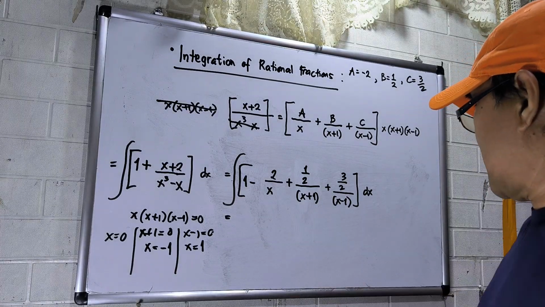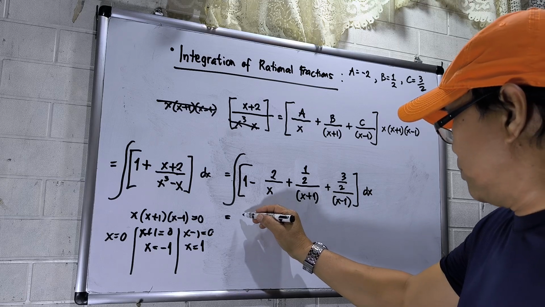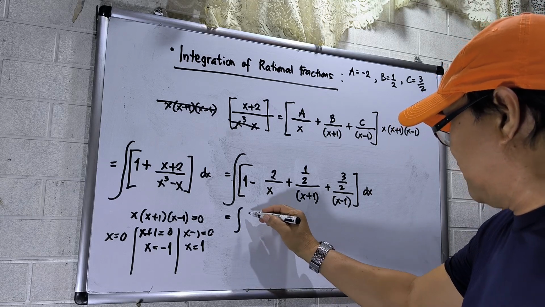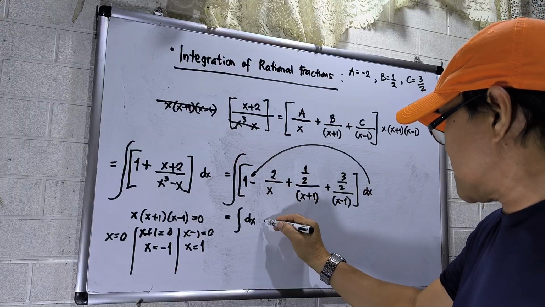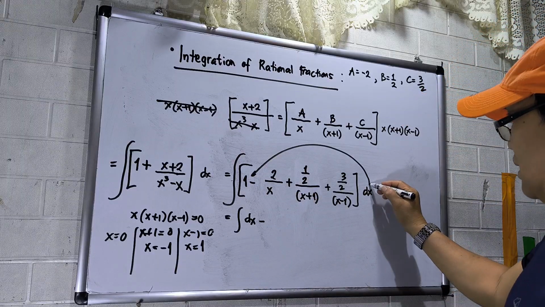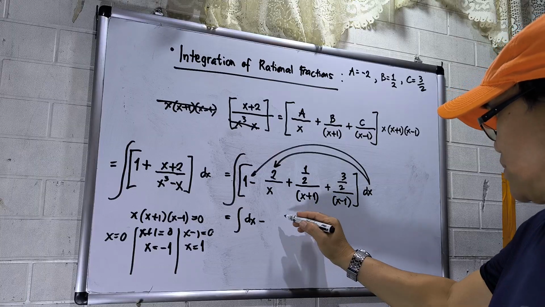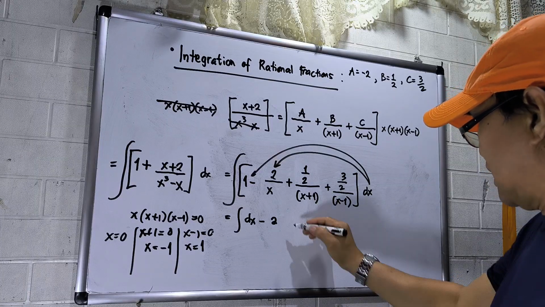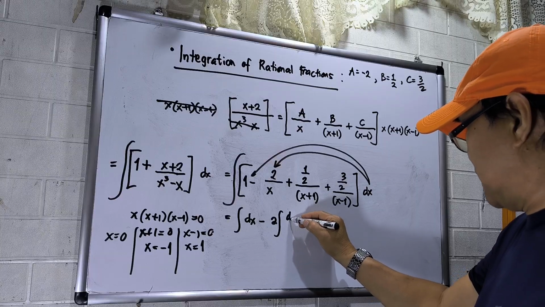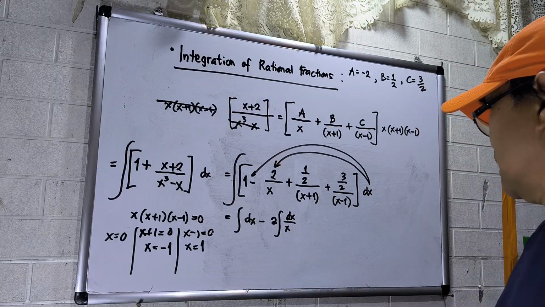Okay, so this will be integral of, I will integrate individually. So this will be dx times 1. That will be dx. Minus, next, this is 2, which will be outside of the integration symbol. Then this will be dx over x. Then what's the next?